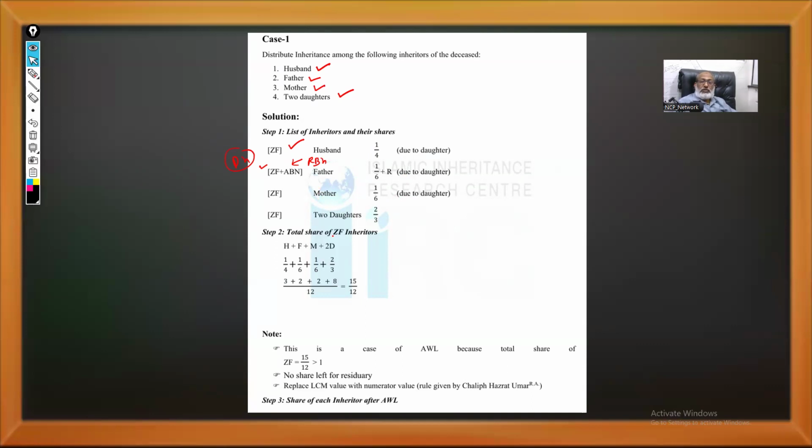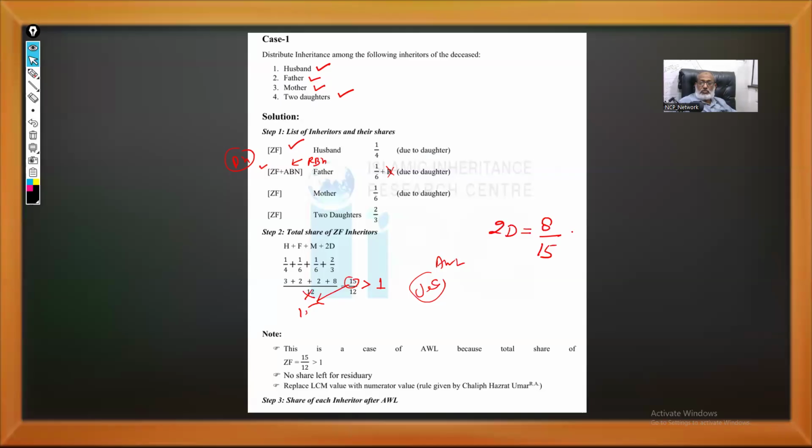When you put all these shares together, husband, father, mother, and two daughters, you can see that the total is greater than 1. There is no remaining share for the father, but it's a case of Awl. And the share of the two daughters: you will replace the 12 with 15. So the share of the two daughters will be how much?